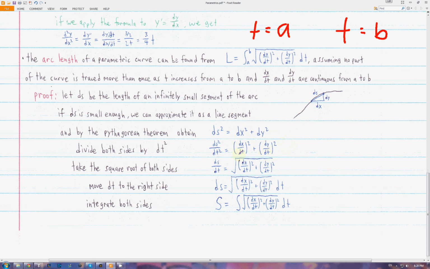Then we divide both sides by dt squared, take the square root of both sides, and move the dt over. If we integrate both sides of this equation, the integral of ds is just adding up all these little lengths of the arc. So if we add up all of them, we get the length of the whole arc, which is what we're looking for. And so we get the equation over here.